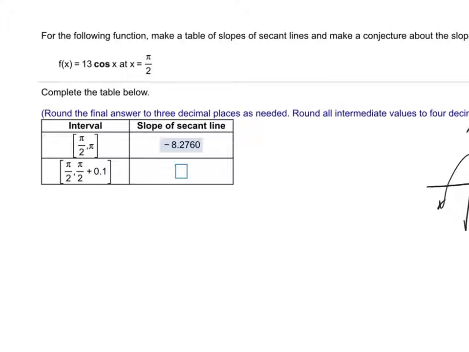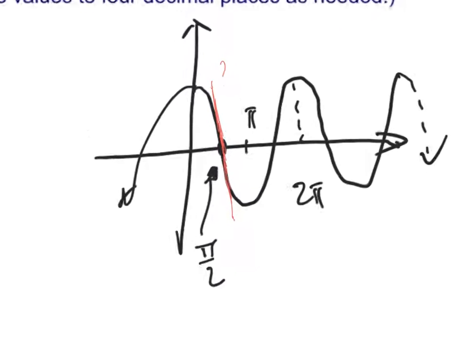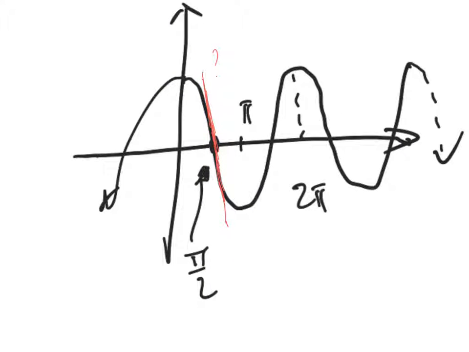I just want to help you visualize what that means. So pi over 2 to pi, okay, pi over 2 to pi. Let me zoom in here. So in other words, I want to use the secant line. This point is pi, this point is pi over 2.